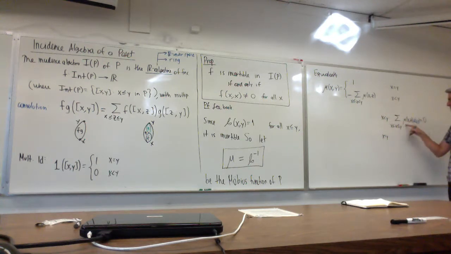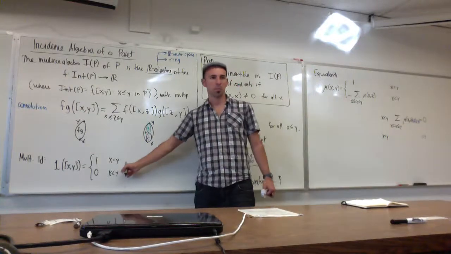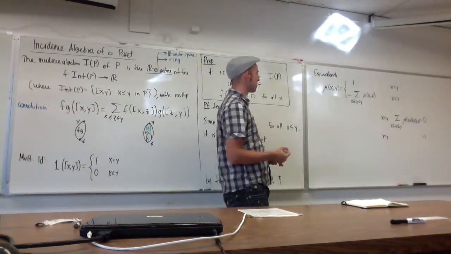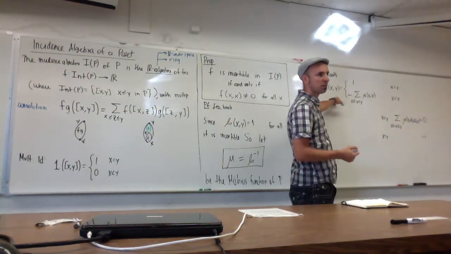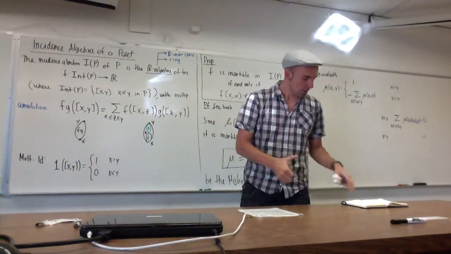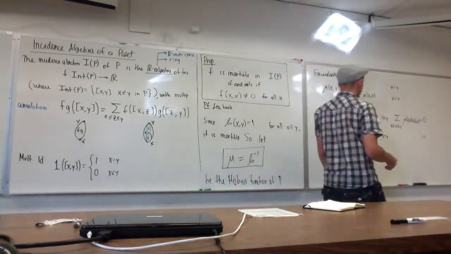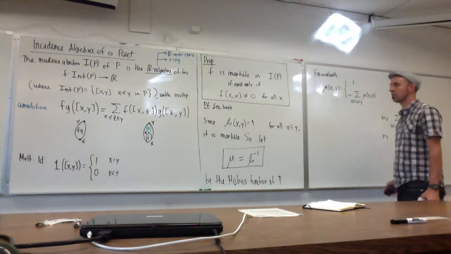And so this is saying that mu times zeta is 1. So this is the more usual definition, but it's equivalent to this equation. And there's advantages to doing things algebraically.